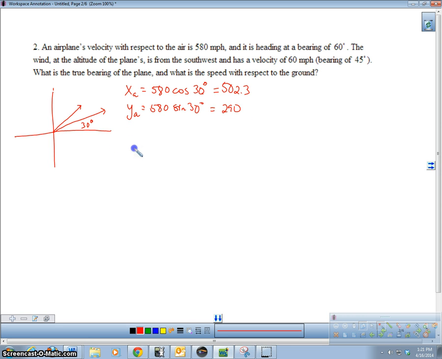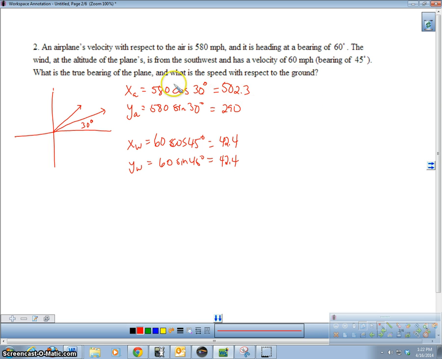And I'm going to find the x and the y for the wind: 60 cosine 45 and 60 sine 45. That's going to give me 42.4 for each of these.